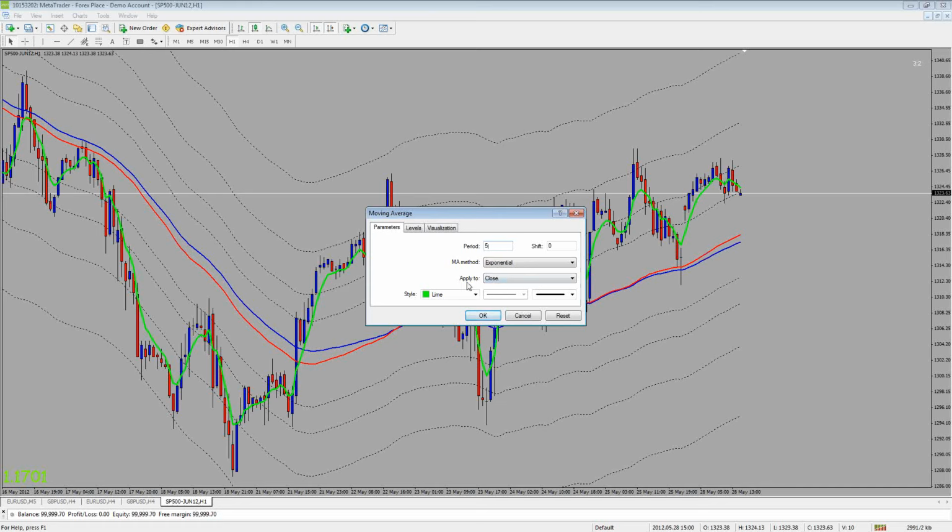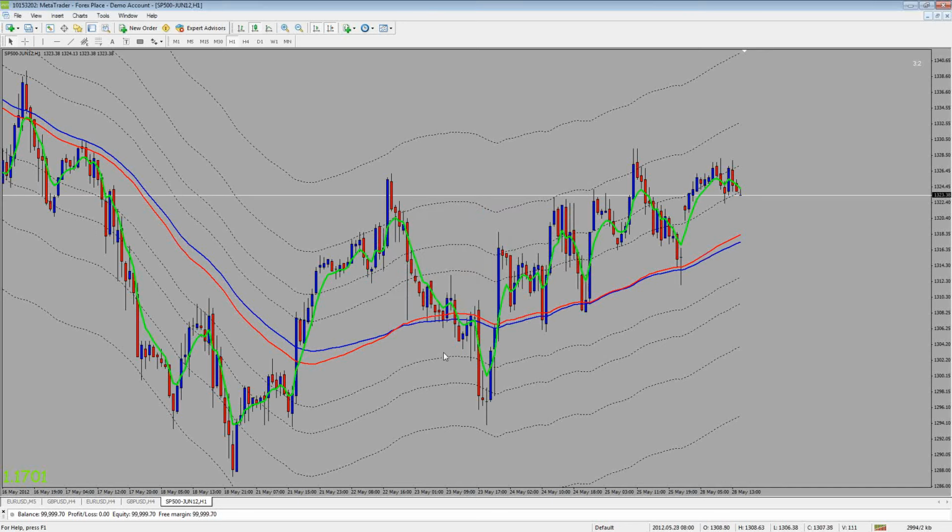It's the fastest moving average in this system, and actually it's quite a good moving average, because when the market goes into a strong trend, this moving average is usually used as the first support or resistance. It's quite fast, so it reacts obviously very fast to the price.